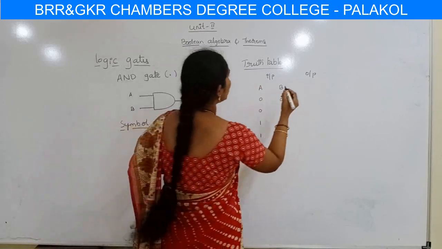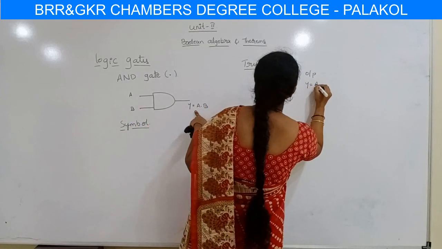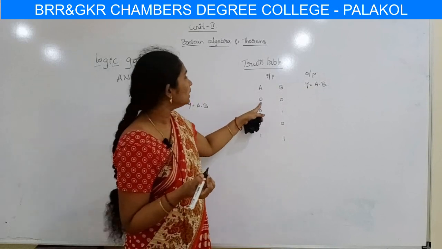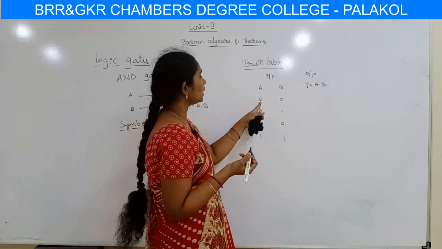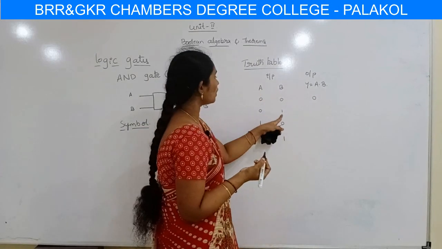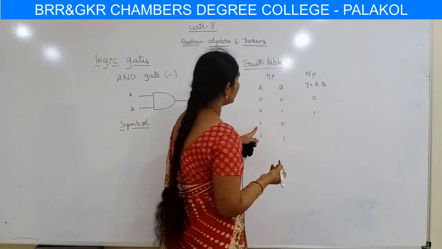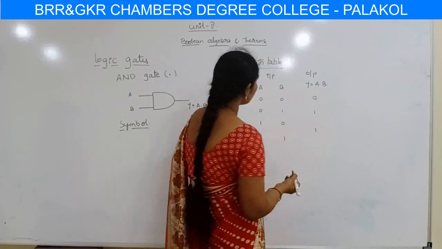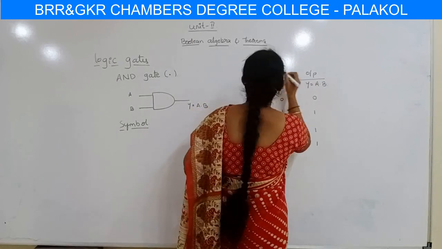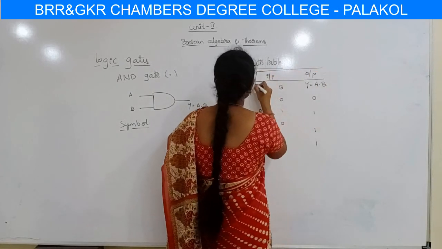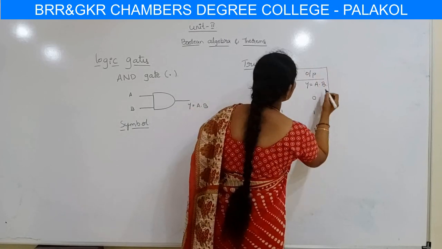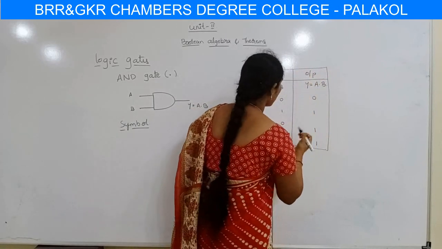Here the output is y is equal to A dot B. We have to substitute this A B. So 0 dot 0 is equal to 0, 0 dot 1 is equal to 0, 1 dot 0 is equal to 0, 1 dot 1 is equal to 1. So this is the truth table of an AND gate.